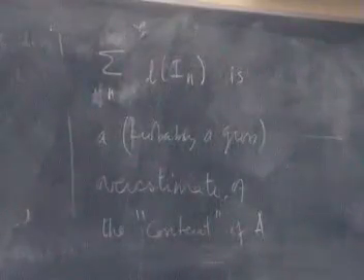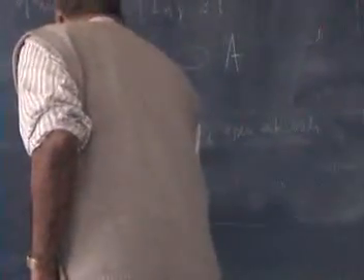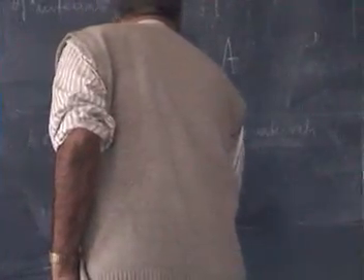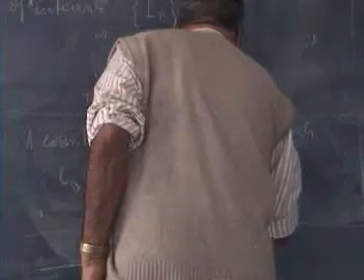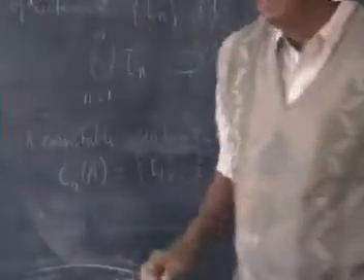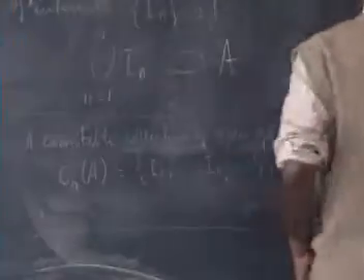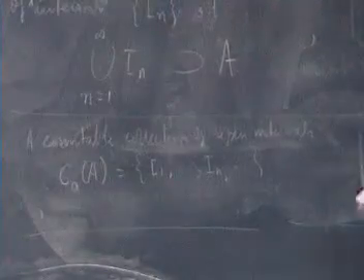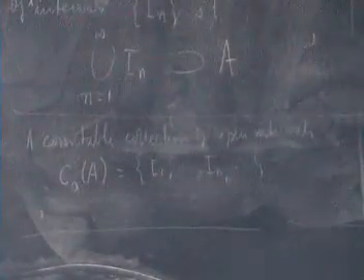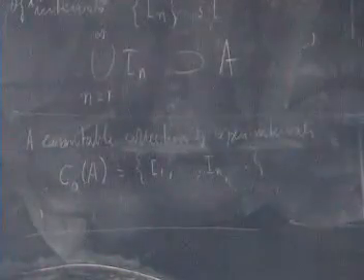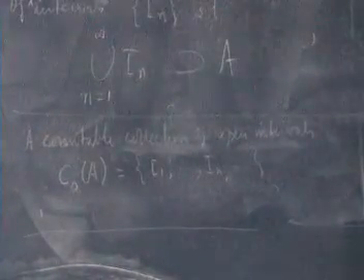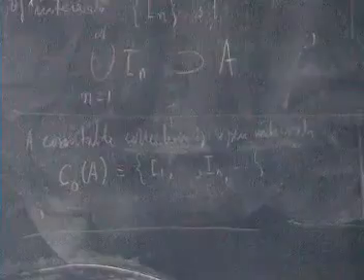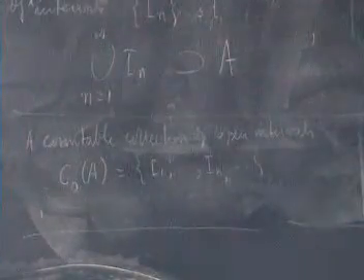A countable collection of open intervals, I1, I2, ..., IN, etc., is called an open interval cover for A if the union over N of IN contains it.